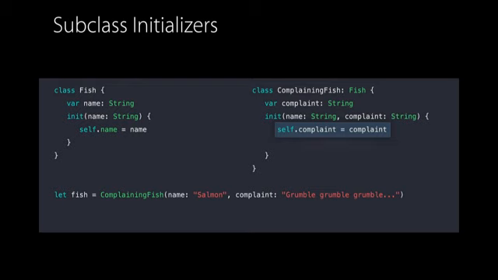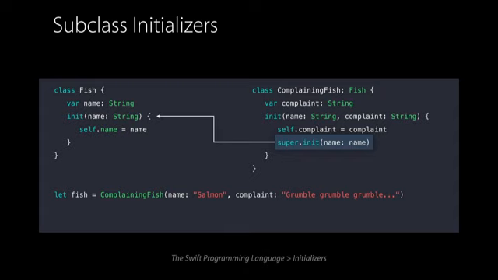And then you call super.init to let the superclass finish the initialization. There's more you can do with initializers, especially around classes. You can read all about it in the Initializers chapter of The Swift Programming Language.